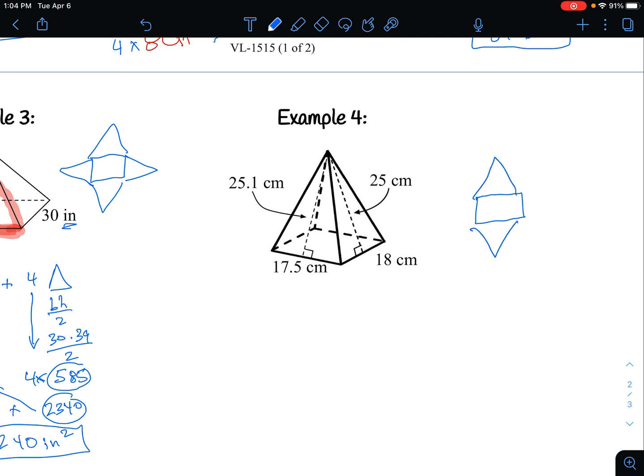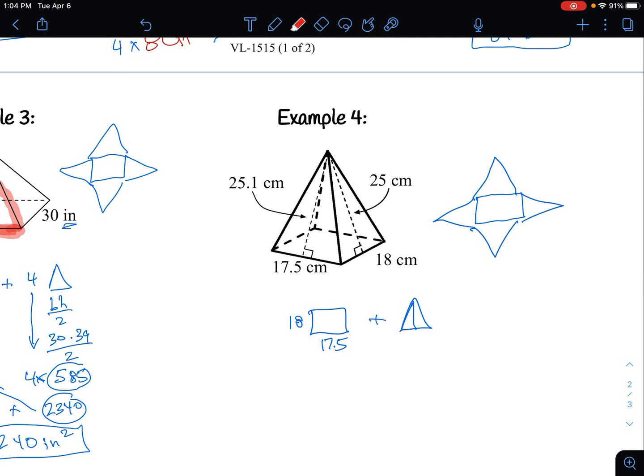So I've got these 2 guys and I've got those 2 guys right there. So one of these sides is 17.5 and the other side is 18. With the triangle, we've got, oh my goodness, 2 different kinds of triangles. Here's the crazy part.